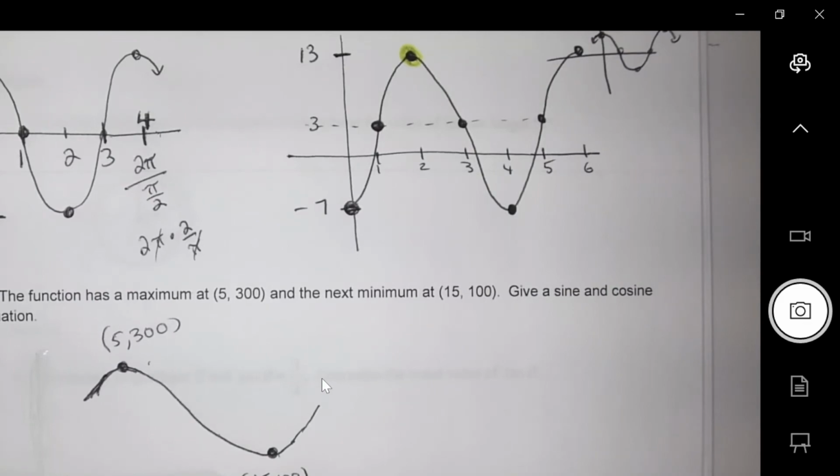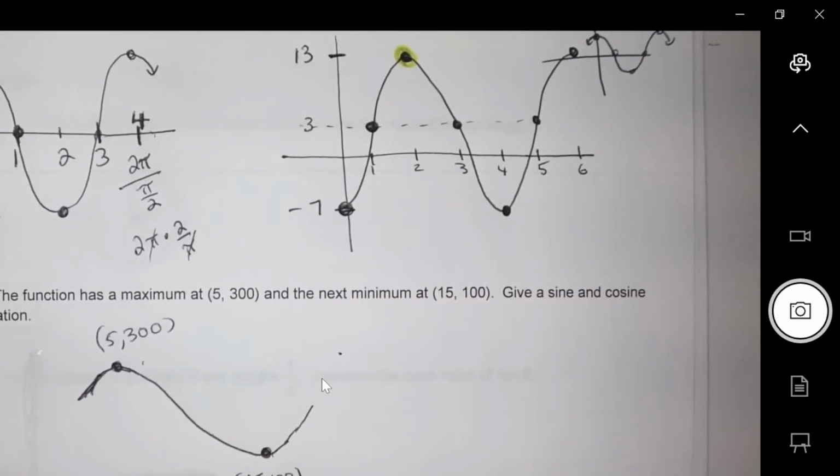Ready. This is what it's going to look like. Oh, we have to give a sine and a cosine.